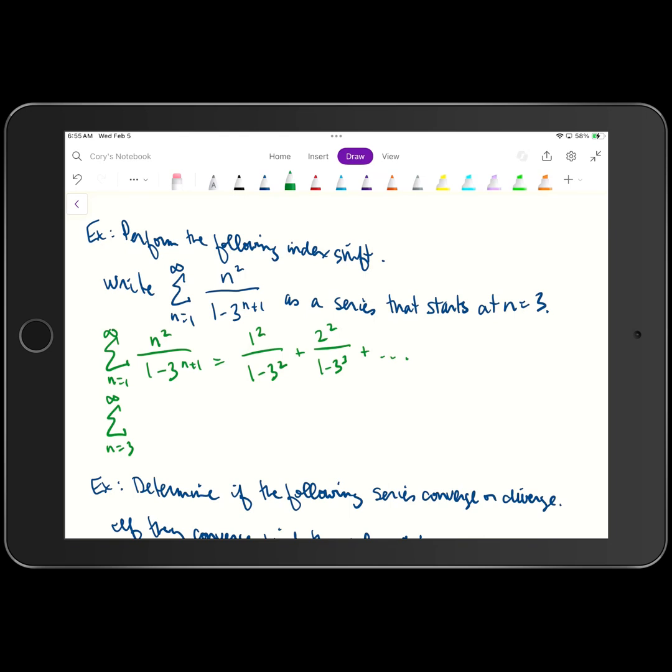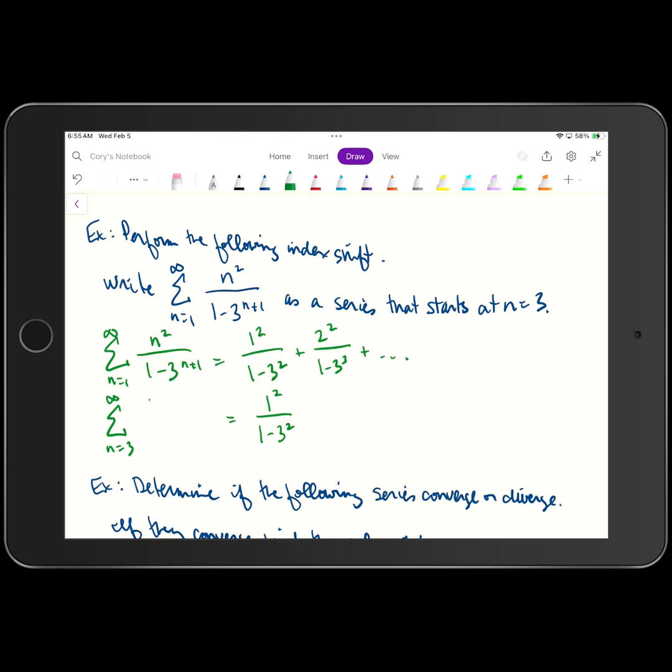where we get an equivalent series, for my first term to be 1 squared over 1 minus 3 quantity squared, what does my formula need to be to get that output? So I need to think about what my formula needs to be such that when I plug 3 into that formula, it's going to give me 1 squared over 1 minus 3 squared.